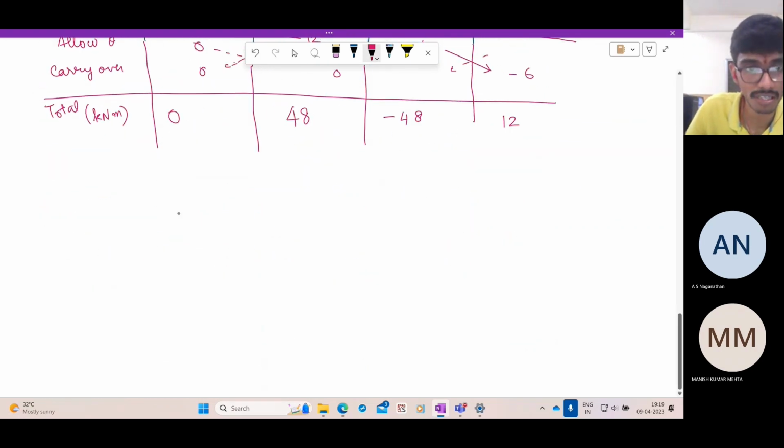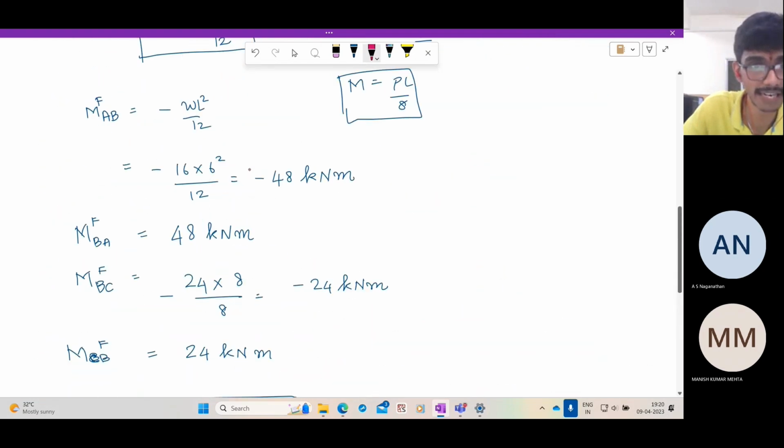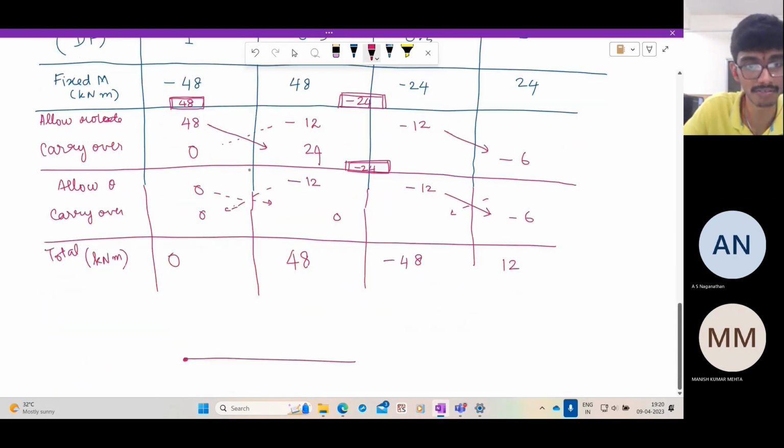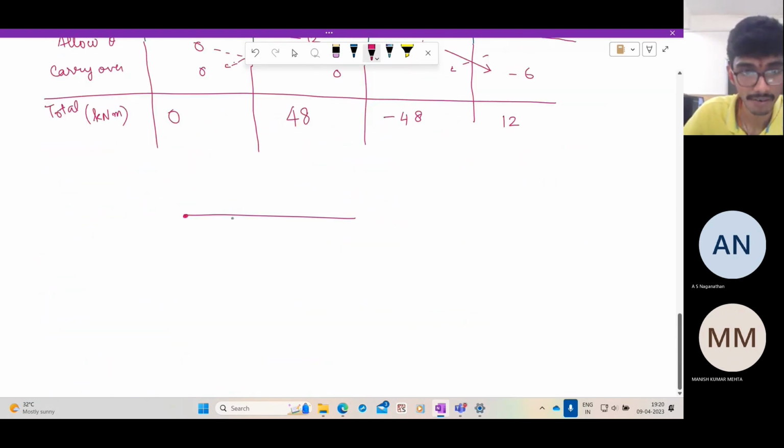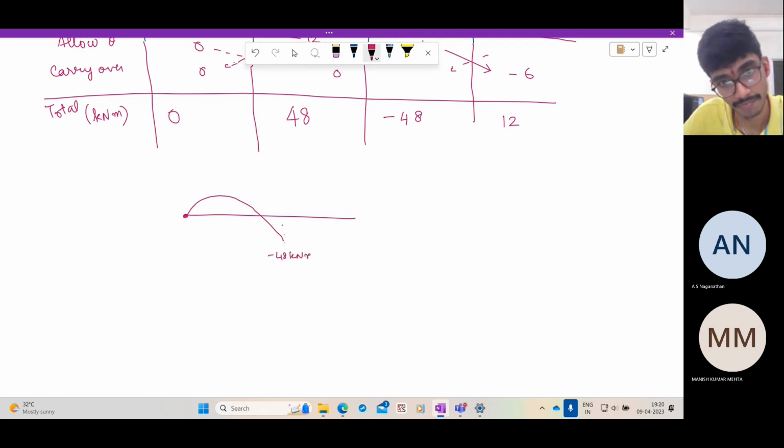So what is the bending moment diagram like? Here it is 0, and here it is a hogging moment of 48. In between it is sagging because the load is downwards. At joint B you have -48. Note when you draw the bending moment diagram, you need to take the signs according to sagging or hogging.